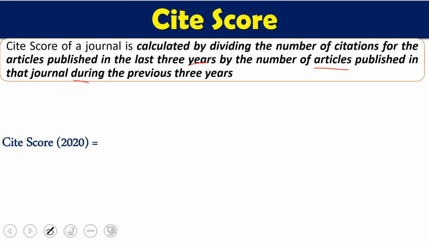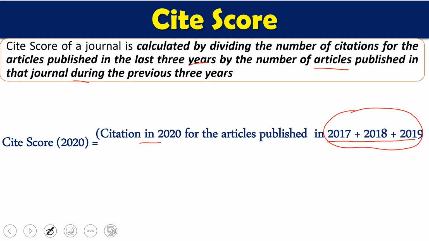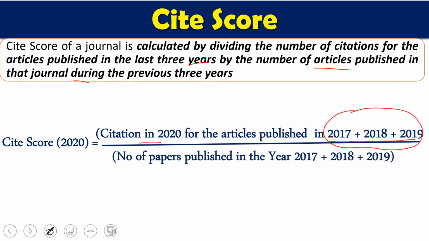Similar to impact factor, if I want to calculate the cite score for a journal in 2020, I will take 3 years of published data, all the articles published in 2017, 2018, 2019, and count how many citations these papers received in 2020, divided by the number of papers published in these 3 years. Okay, so this is the formula.